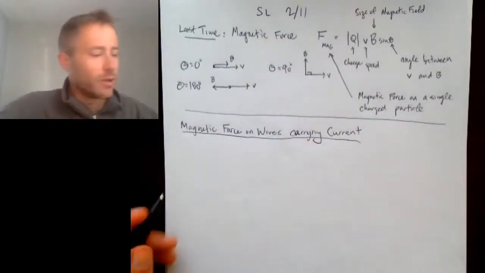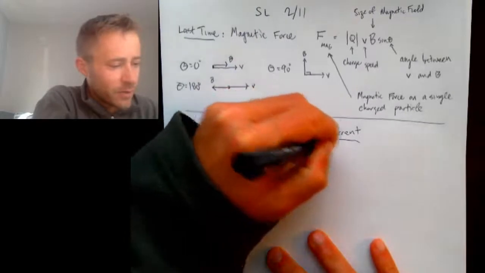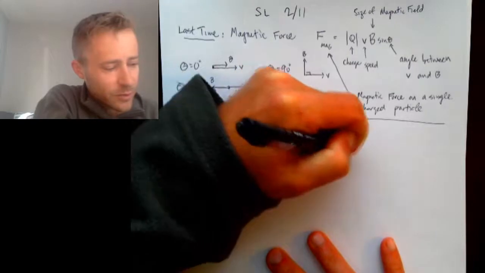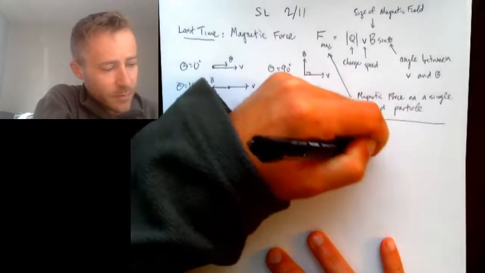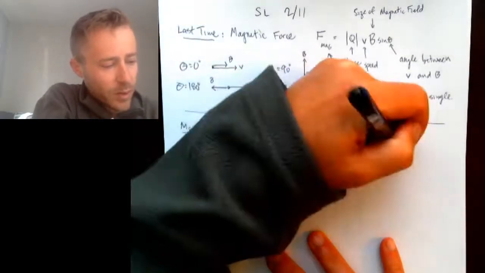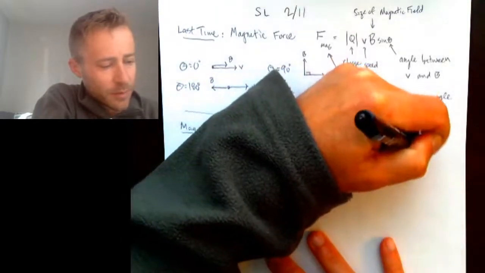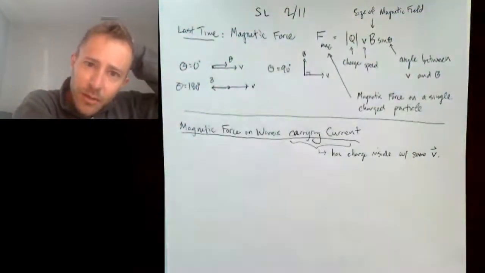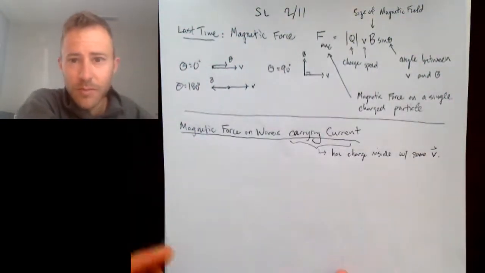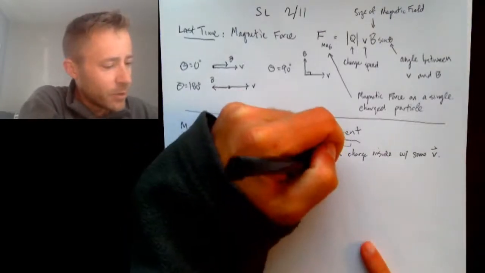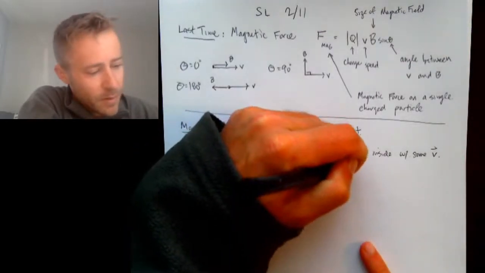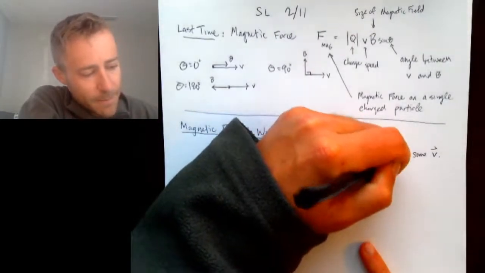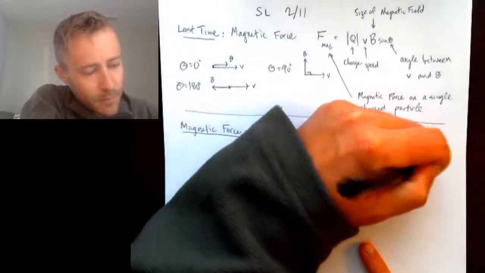So if a wire is carrying current, then the wire has charge inside it with some velocity. That means there is going to be a force on the wire.